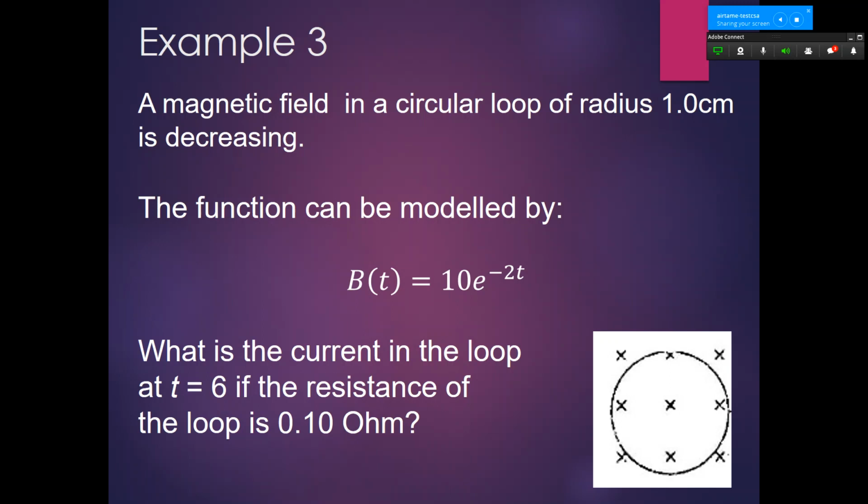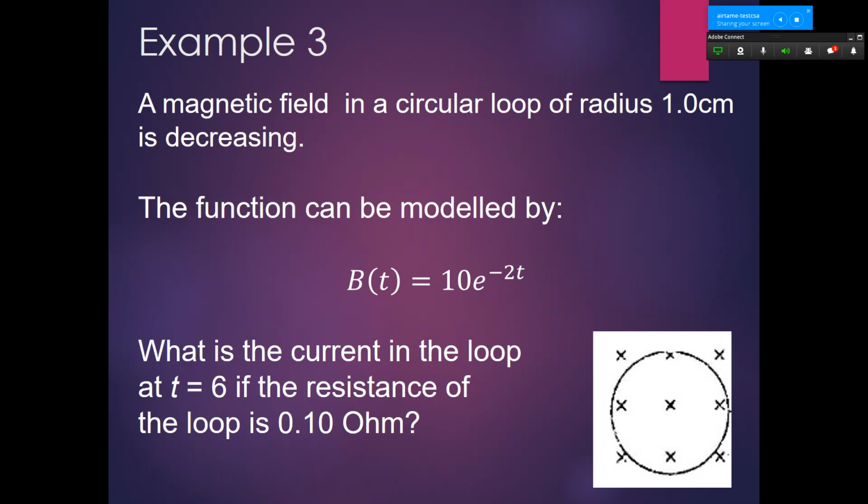And we know that I need to find the change in flux, all right? So what do I need to do in order to find the change in flux? Yeah, exactly. I have to take the derivative to find the change in magnetic field. Because remember, there's two ways that we can get a change in area.